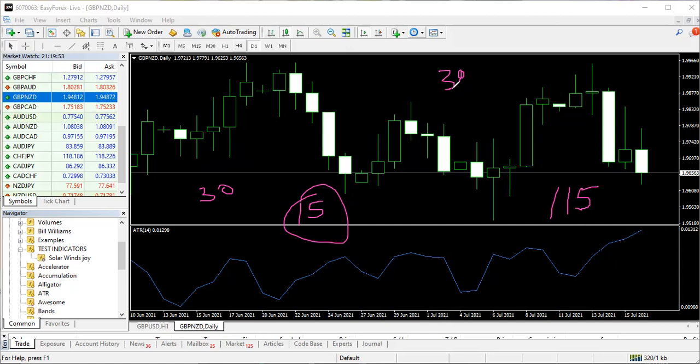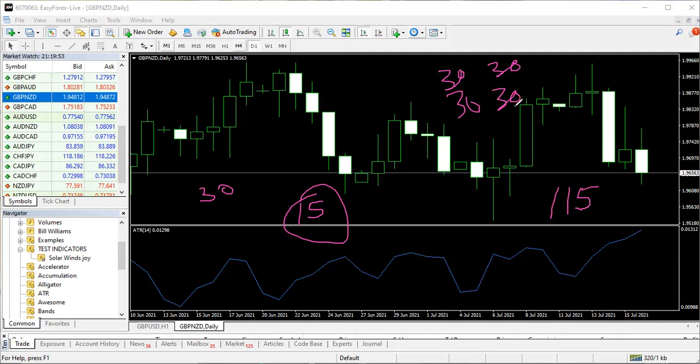So 30, 30, 30. That is 90, right? 30, 30. You are good to go. Just imagine. 2 months will give you 30. Another 2 months will give you 30. That is 6 months. So another 2 months will give you 30. Another 2 months will give you 30.